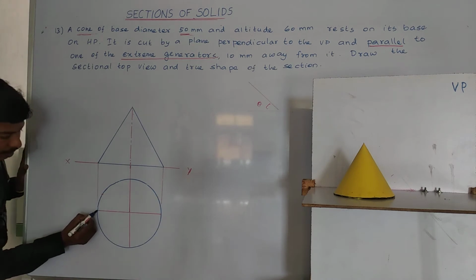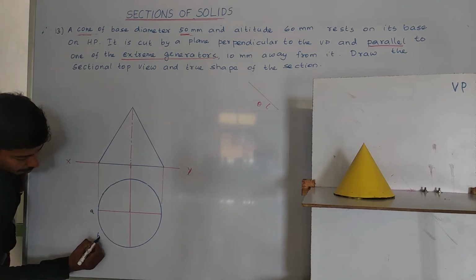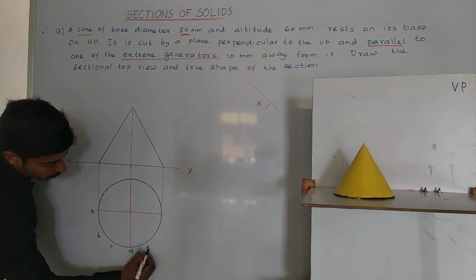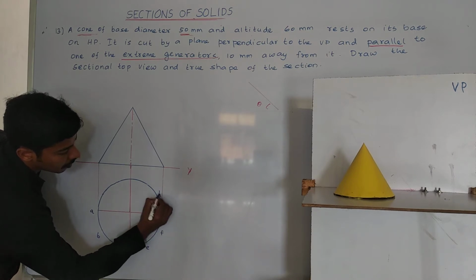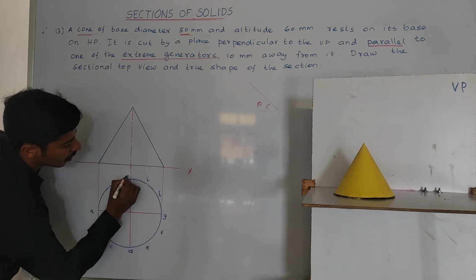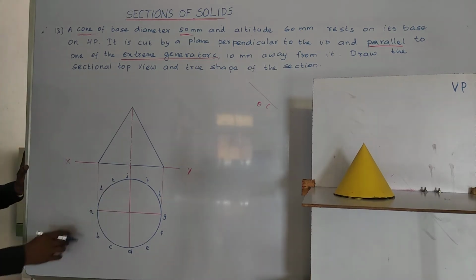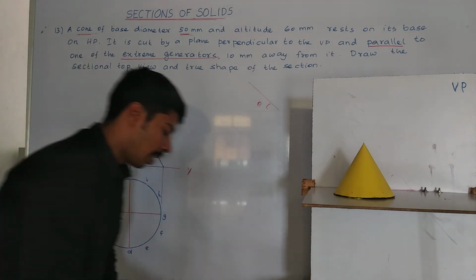I name this point A, B, C, and so on. So I mark 12 corner points.